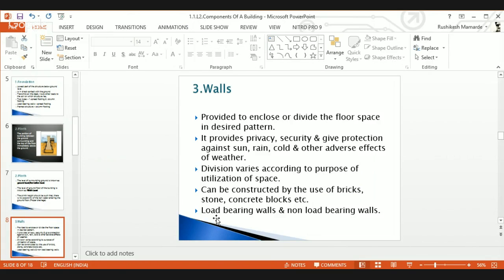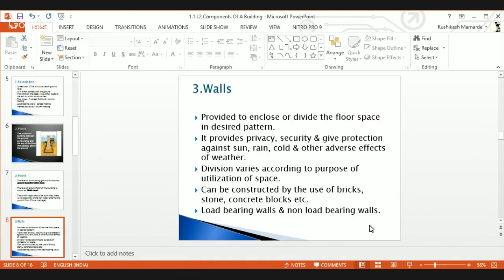Then walls can be of two types: load bearing walls and non load bearing walls. As I have already told you, load bearing walls bear the load of the whole building. Instead of columns, there is a wall that transfers the load of the whole structure, dead and live load, from the building to the soil.